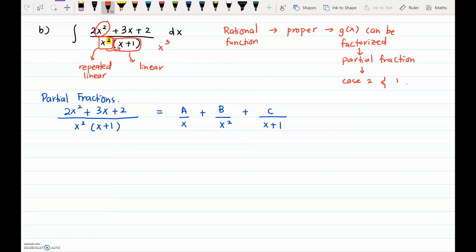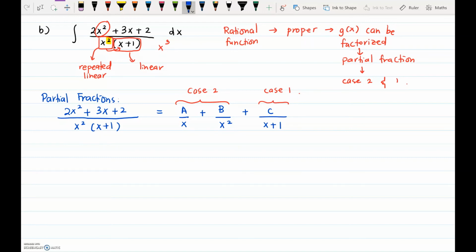That means the first two terms are for the repeated factor, case 2, and this one is for case 1. Again, please remember, if you have the factor in the form of a power, that means it is case 2, the repeated linear factors, and for the partial decomposition we have 2 terms: A over x plus B over x squared.